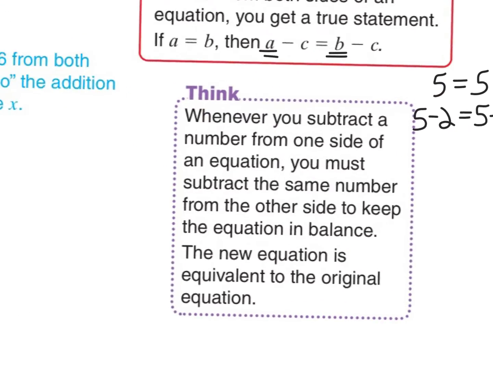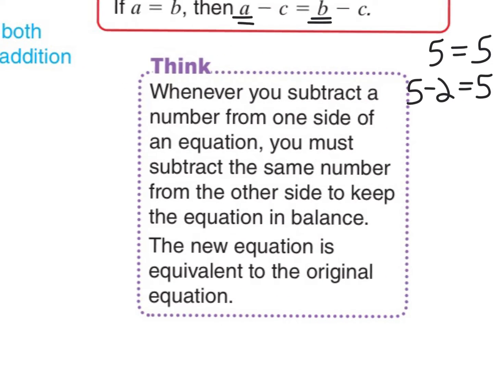Like it says in this think box here, whatever we subtract from one side of the equation, we have to subtract the same thing from the other side to keep it balanced. And that gives us an equation that's equivalent to the original equation.